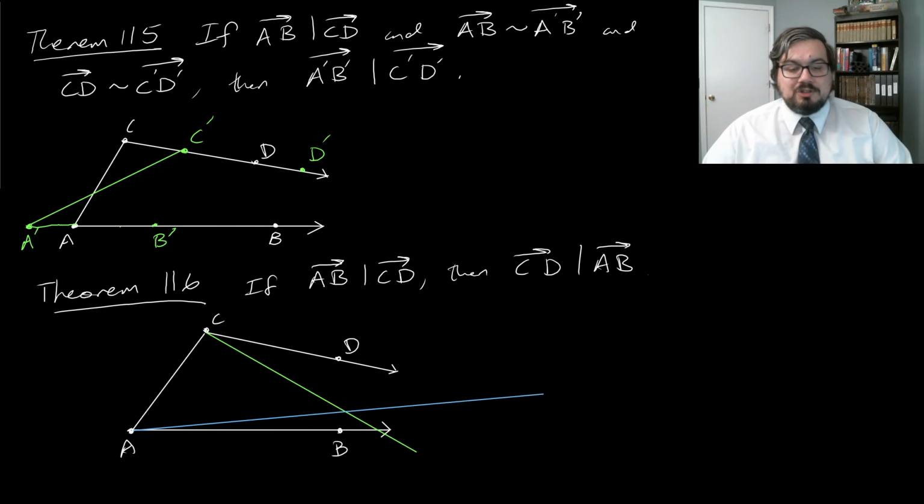One could imagine a situation where any interior ray of the angle ACD has to intersect with the ray AB, but not the other way around. But Theorem 116 says that this can't happen. Now, the proofs of Theorem 115 and 116 are somewhat technical. They're long. They're sort of fiddly.